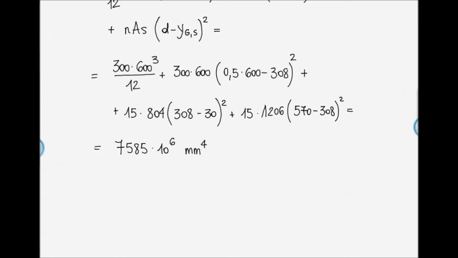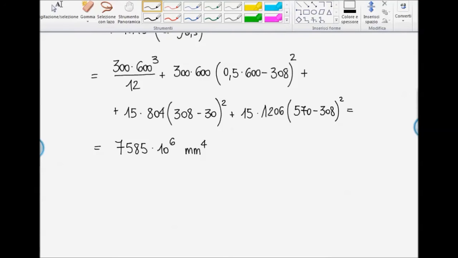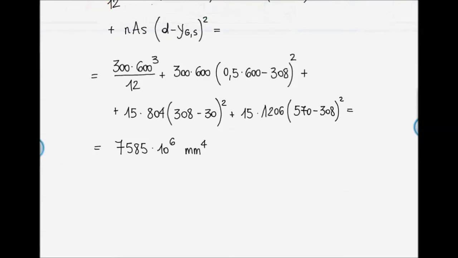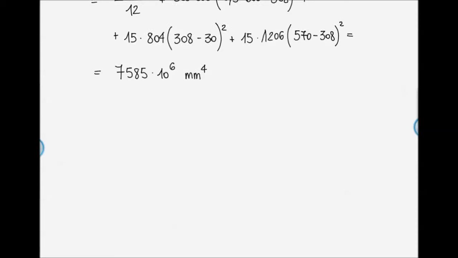So we are now able to calculate the radius of inertia of the cross-section, that is rho I. We calculate rho I squared, that is the ratio between JI and AI already determined.